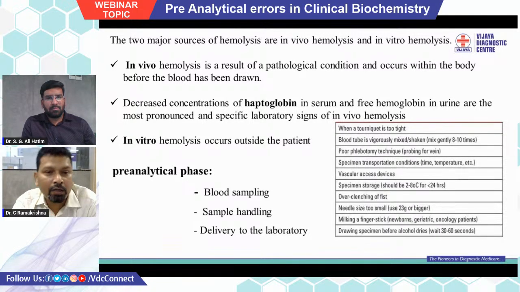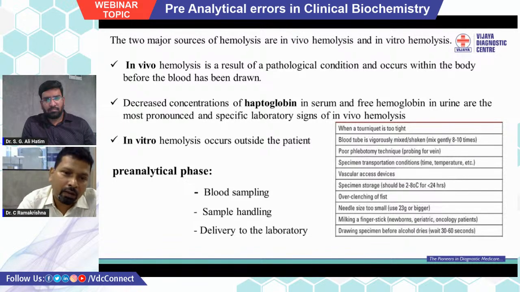Before drying, if you give the prick, then there is every chance of hemolysis. Next, the storage. Specimen should be stored appropriately at 2 to 8 degrees centigrade. And finally, over clenching of the fist also leads to abnormal values.